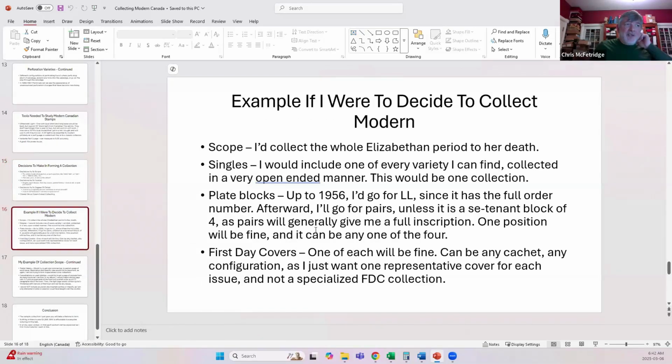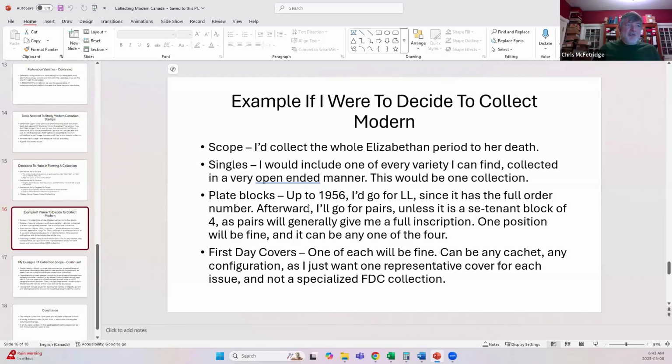So I'll give an example here, if I was to decide to collect modern Canada, how I would scope it out. So for scope, I'd collect the whole period from 1952 until her death. My singles would focus on every variety I could find as a single, collected in a very open-ended manner. And that would be one collection.